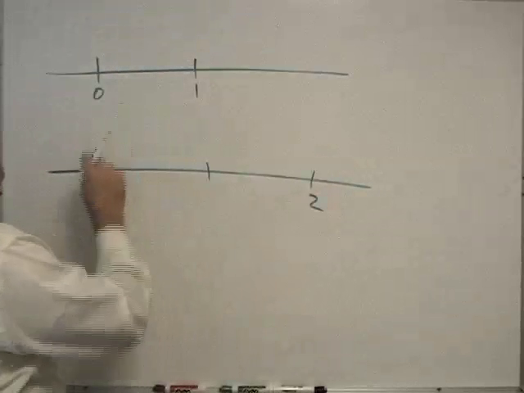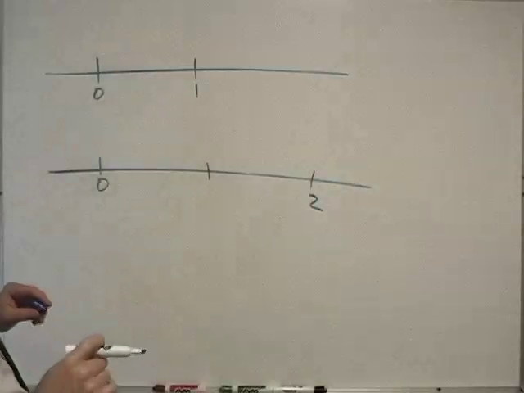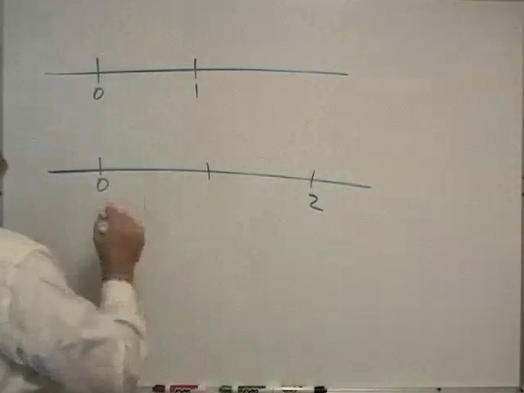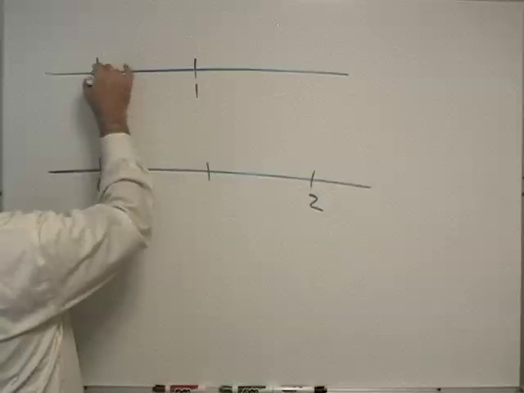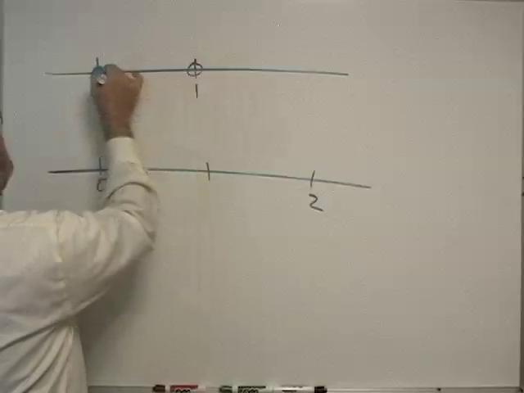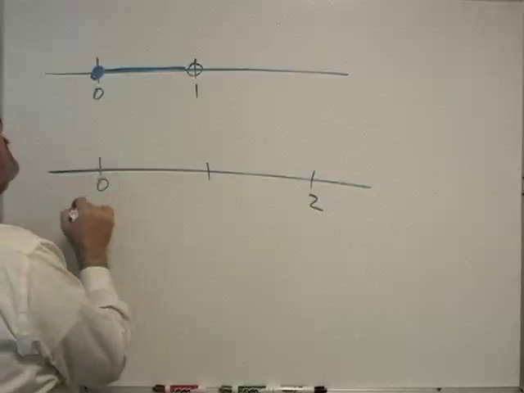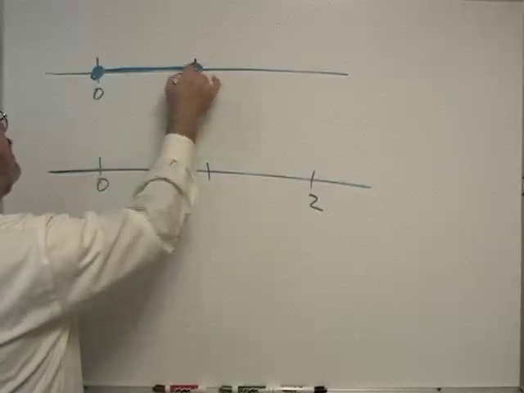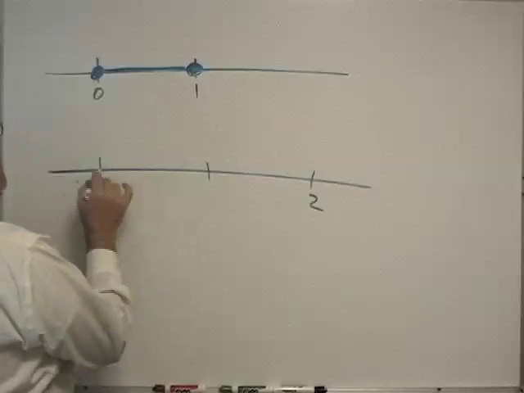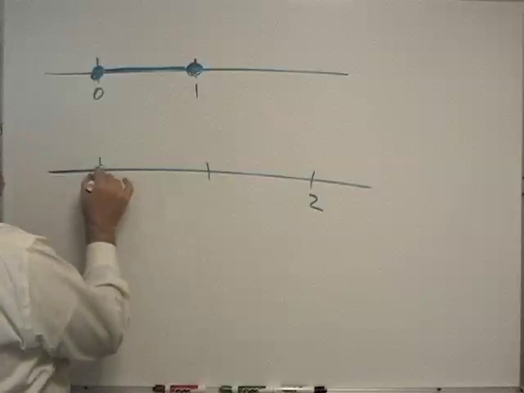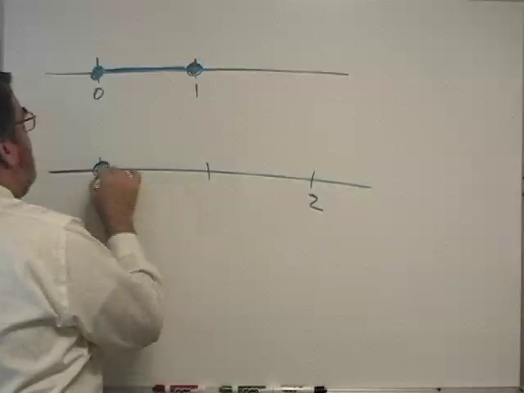Now, this interval I'm going to cause to be a half-open interval. This one is a closed interval, whereas this one is a half-open interval.